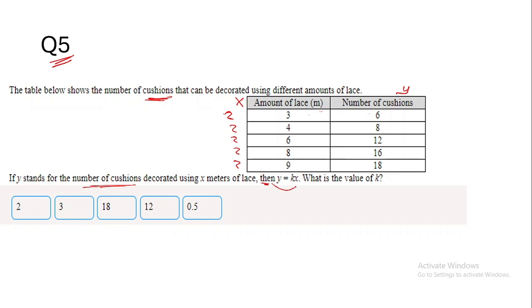Then y equals kx, that means k will be equal to y over x, the one which we just did. 6 divided by 3 is 2. 8 by 4 is 2. So what is the value of k? Of course, the value of k will be 2. Okay? So we'll go for the other question.